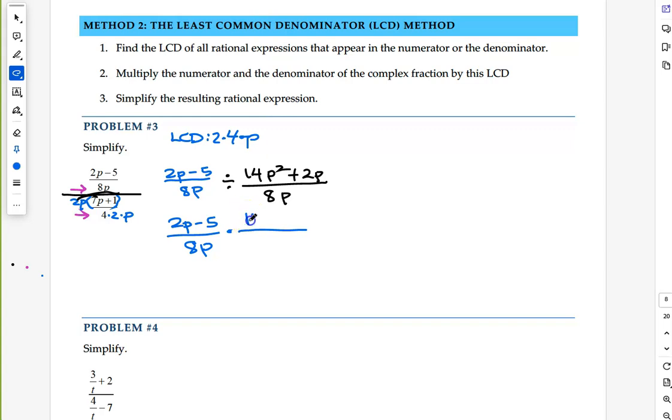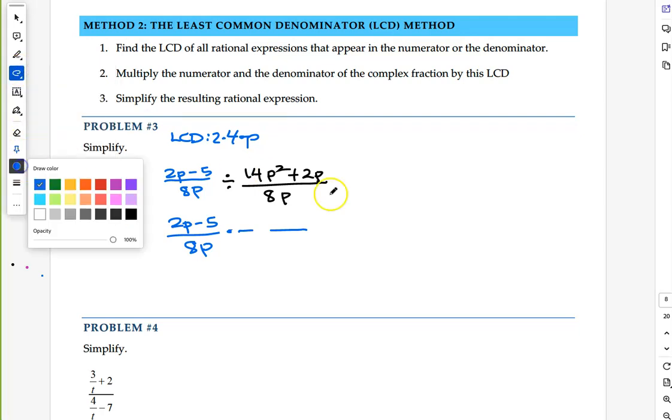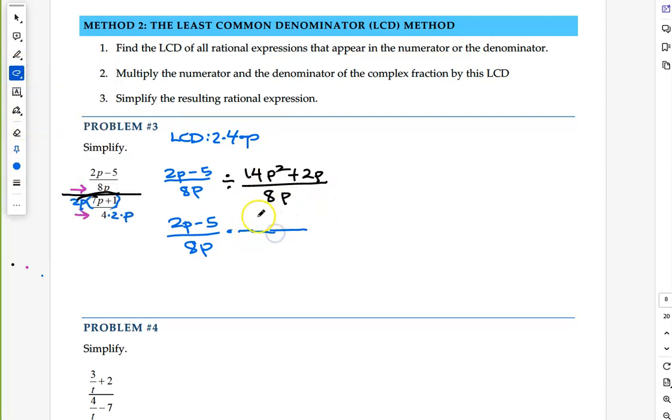I'm going to leave it for right now, and then we'll see. So 8p goes on the top, and then 14p squared plus 2p is on the bottom.